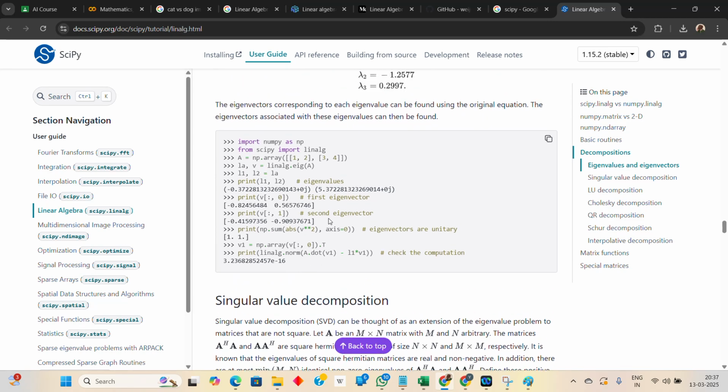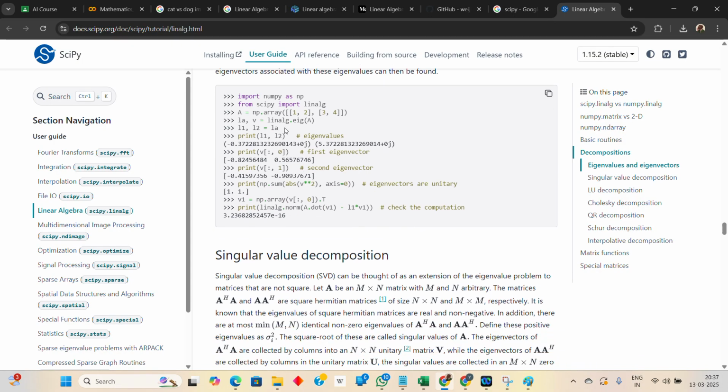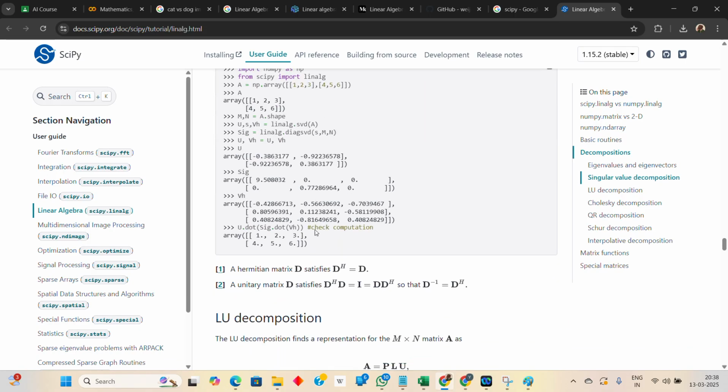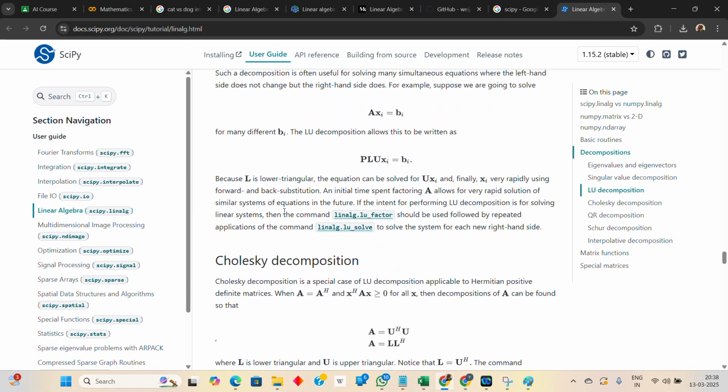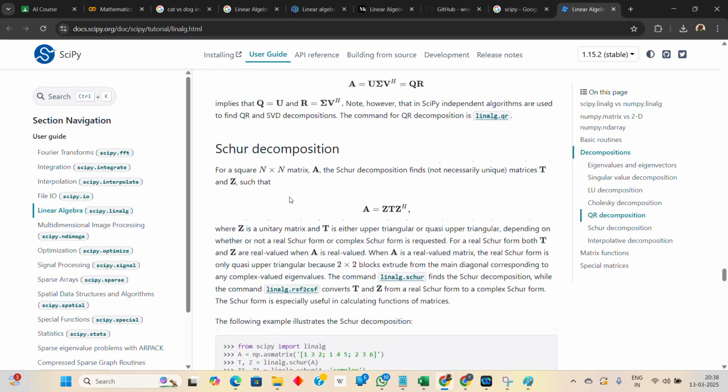Such a concept helps in principal component analysis actually. All these you can easily get using the eig function. If you use linalg.eig of A, you will get the eigenvalues directly. So direct functions are available. You just need to understand singular value decomposition, LU decomposition, and the remaining functions like QR decomposition.